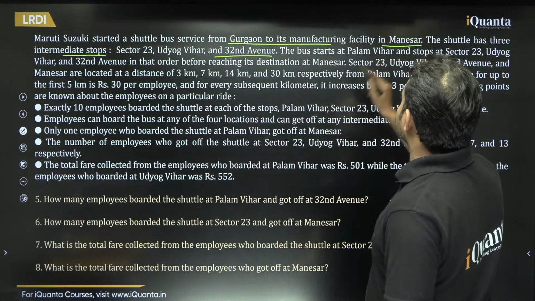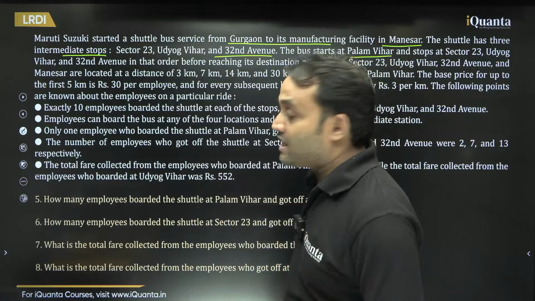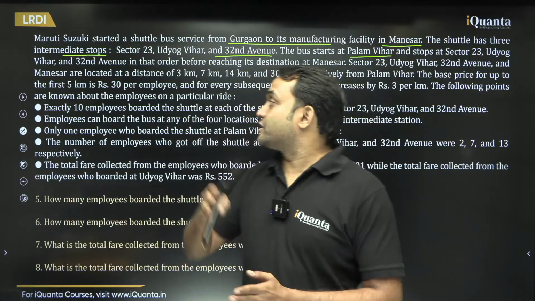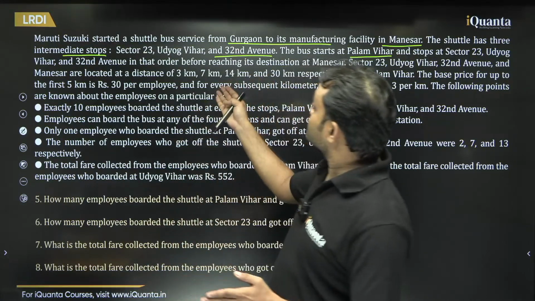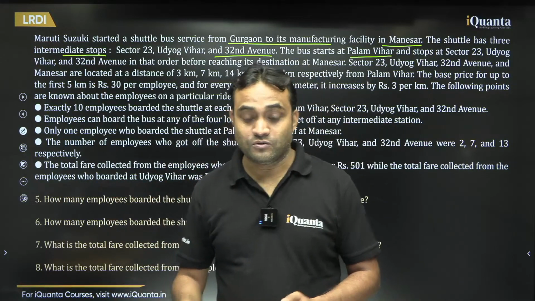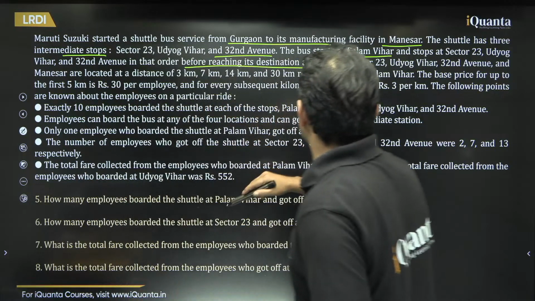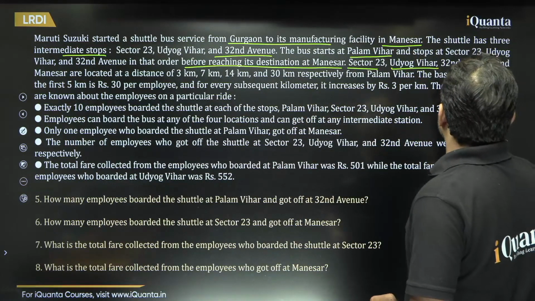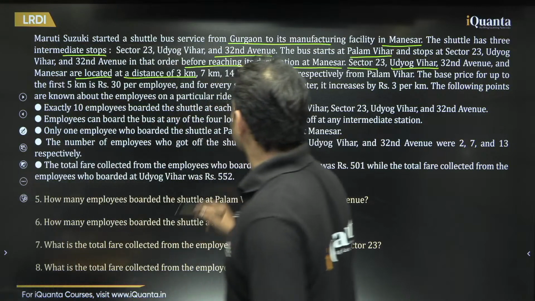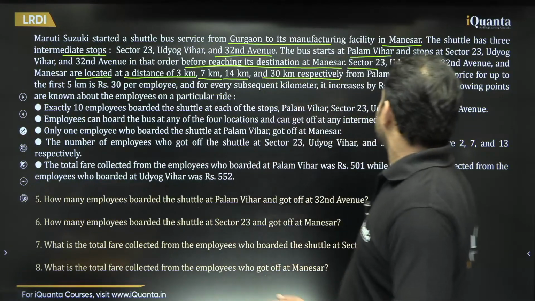The bus starts at Palam Vihar and stops at Sector 23, Udyog Vihar, and 32nd Avenue in that order, and then Manesar. Sector 23, Udyog Vihar, 32nd Avenue, and Manesar are located at a distance of 3 km, 7 km, 14 km, and 13 km respectively from Palam Vihar.